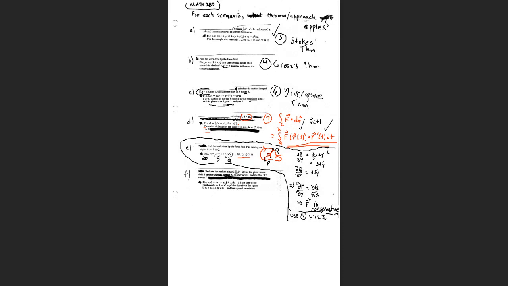Okay, on this final exam, you're going to encounter all kinds of different scenarios, and it'll be helpful if you have a clear idea of what theorem to use and when. Okay, for chapter 13 type problems.